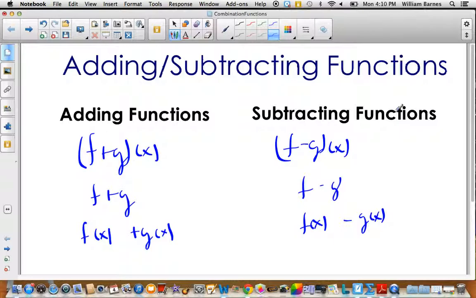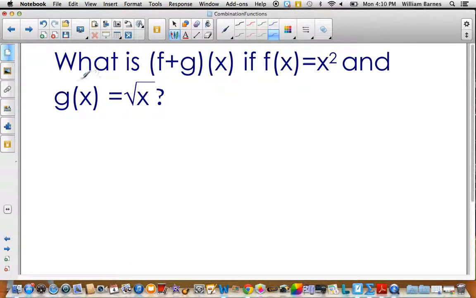Alrighty, so let's have a look at an actual question and see how it goes. What is f plus g of x? That's how you say it, f plus g of x, if f of x is x squared and g of x is the square root of x. This is not an overly complicated question, but it is important for finding the domain and range and things like that, so it's a good example.